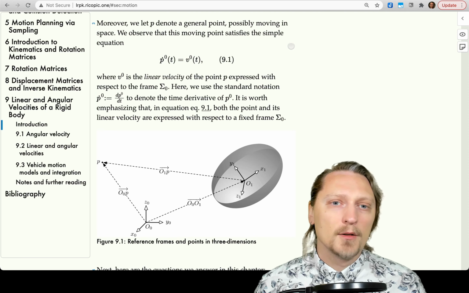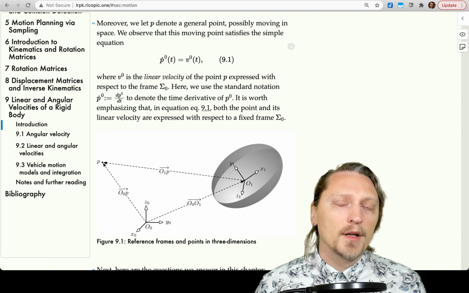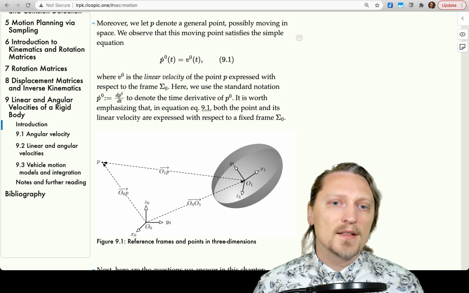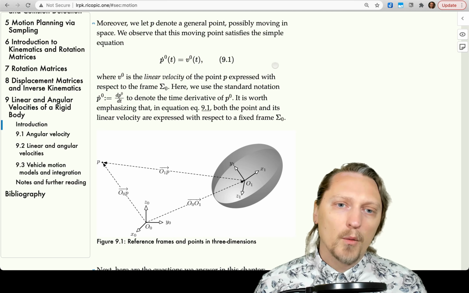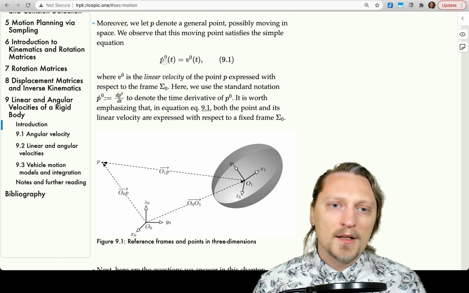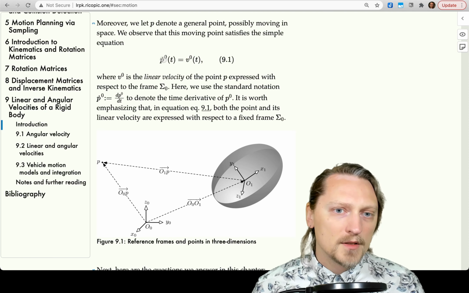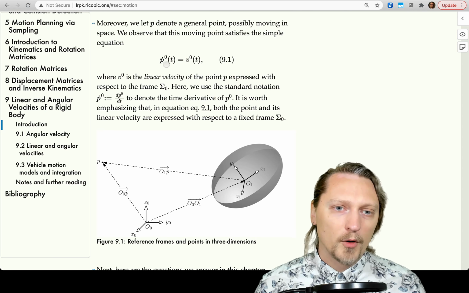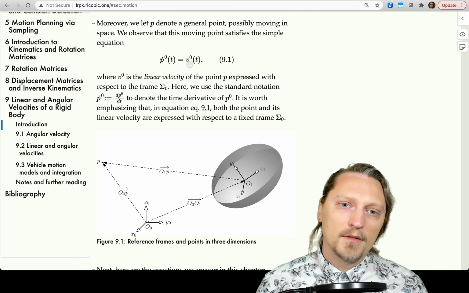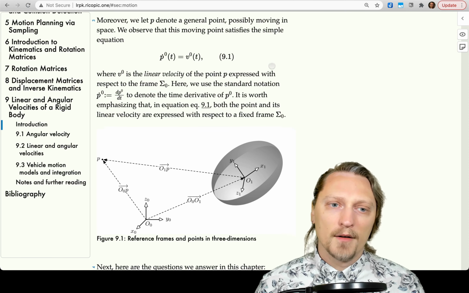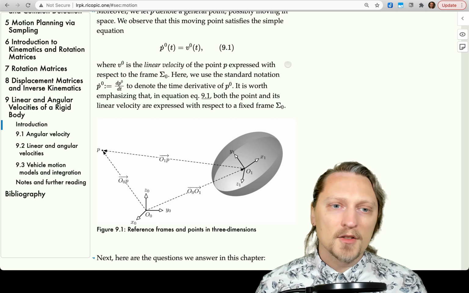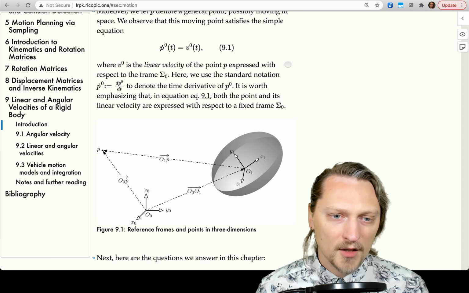Moreover, we let P denote a general point possibly moving in space. We observe that this moving point satisfies the simple equation 9.1, where P0 dot, that is the time derivative of the position of point P, is equal to V0 of t, where V0 is the linear velocity of the point P expressed with respect to frame Sigma 0.